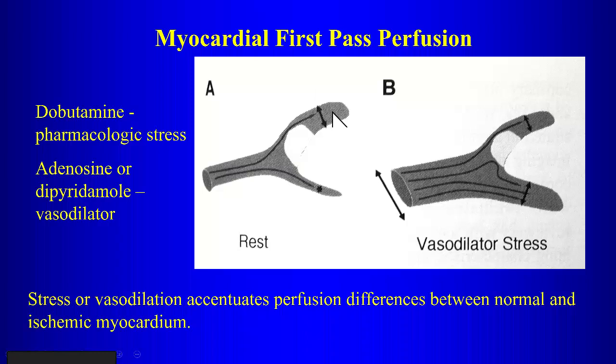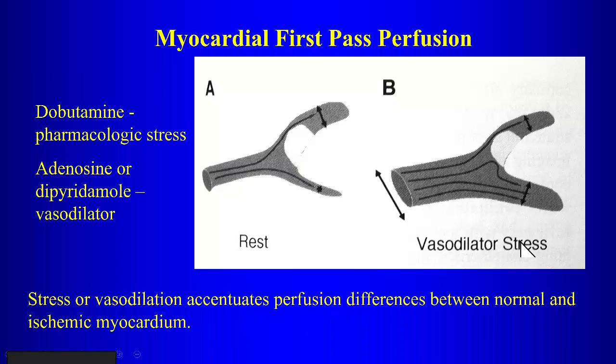So if you look at a rest perfusion study, the perfusion of the ischemic myocardium will be the same as the perfusion of the normal myocardium because of this vasodilation. But when you stress the patient, then we increase the flow to the normal myocardium, but you're not able to increase the flow to the ischemic myocardium because of this flow-limiting lesion. So it is under the stress condition that you will see a perfusion defect.